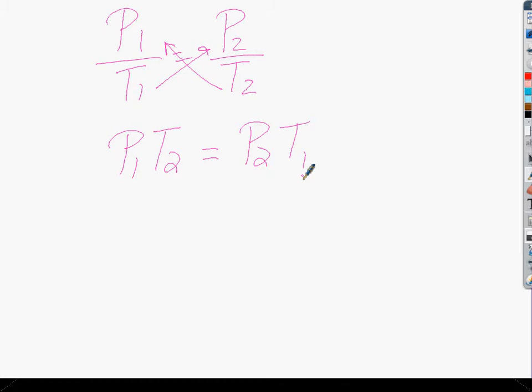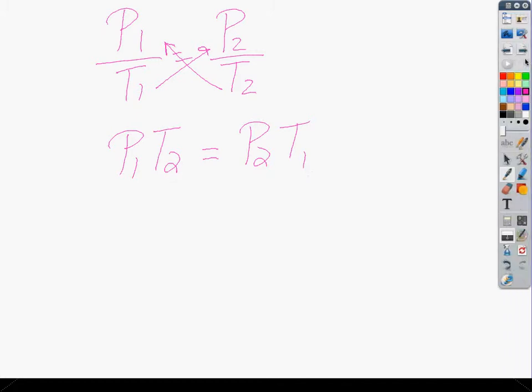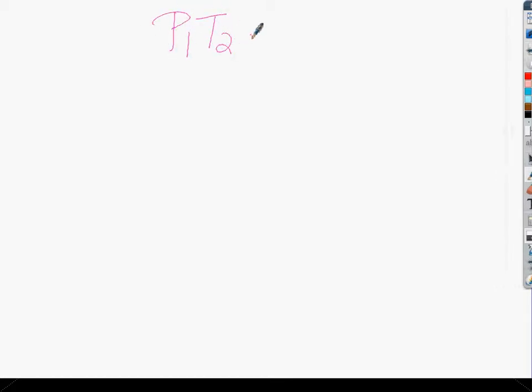Because on the day of the test, or when you actually need this, you're going to say, I'm supposed to flip it here, put the inverse here, without the division. So with this, it becomes much simpler. P1 T2 equals P2 T1. And so this is an abridged version or an altered version of Gay-Lussac's law. Still gets the same answer. So P1 T2 equals P2 T1.